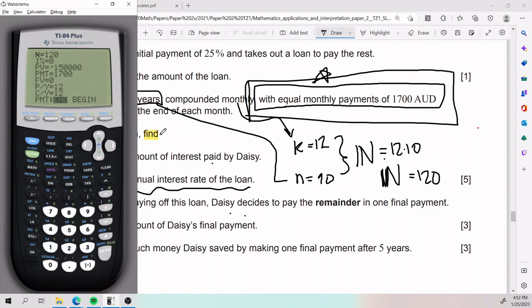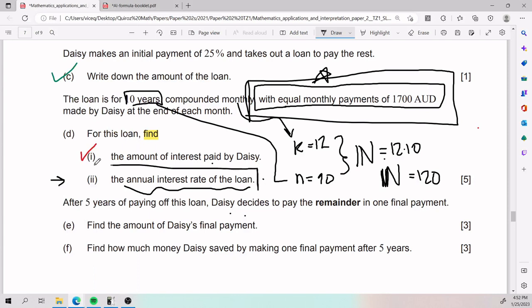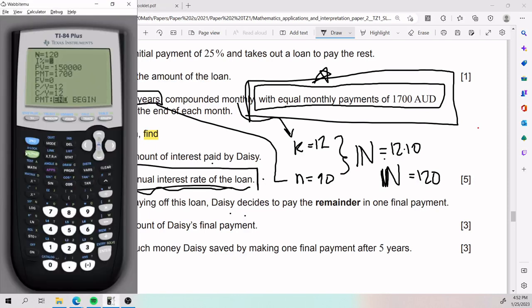So that being said, we are almost done. What you need to do now is go back up to interest, because it is the one thing that you're missing, the one thing that you're trying to find in the first place. And you will go alpha enter. So alpha enter actually gives you the thing called solve. And so the calculator, with all the other stuff that you inputted, is going to give you the last thing that you're missing.